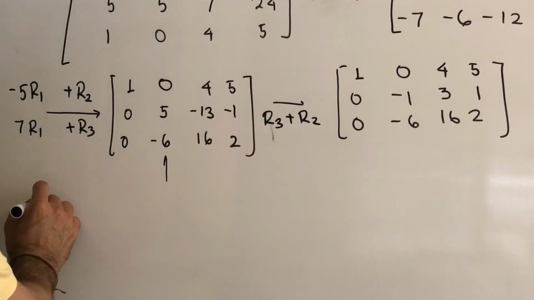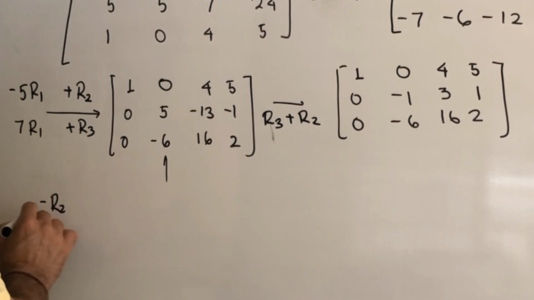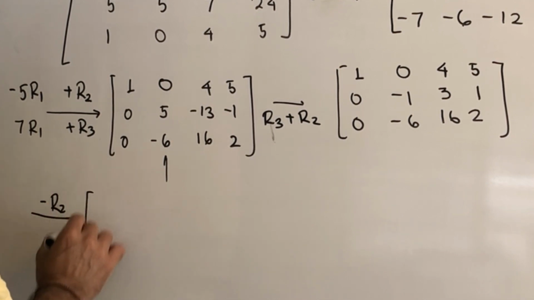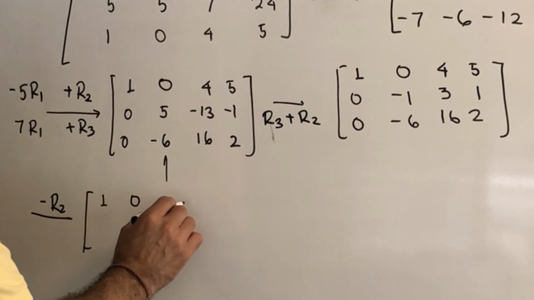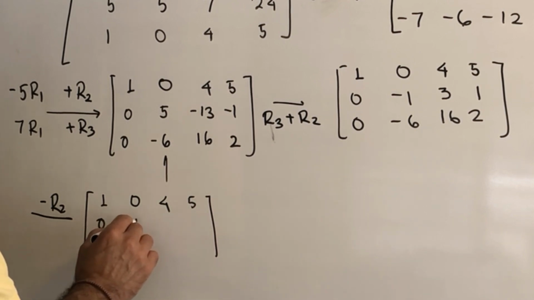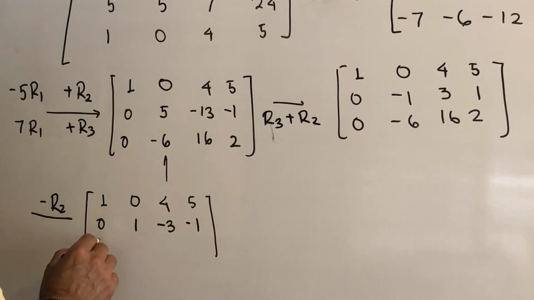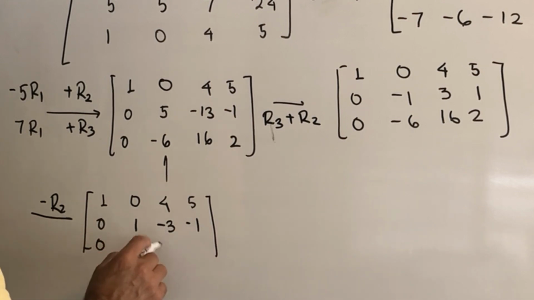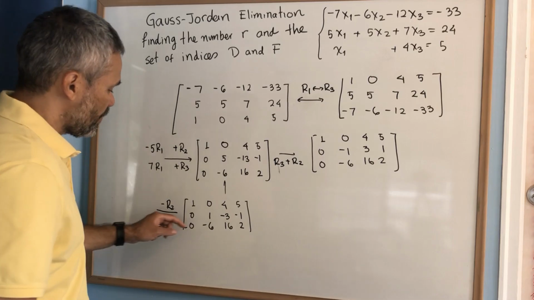Then that's labeled as negative row 2. When I do that, I get 1, 0, 4, 5, 0, 1, negative 3, negative 1, 0, 6, 0, negative 6, 16, and 2.